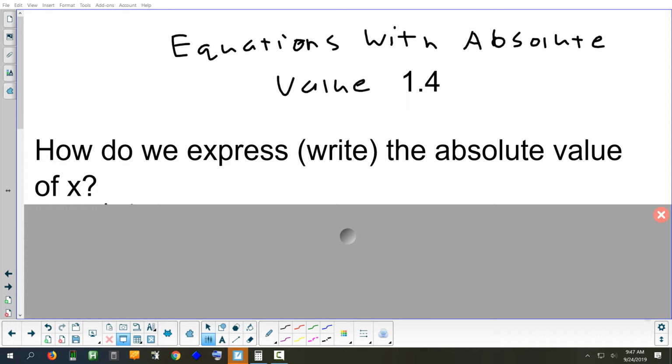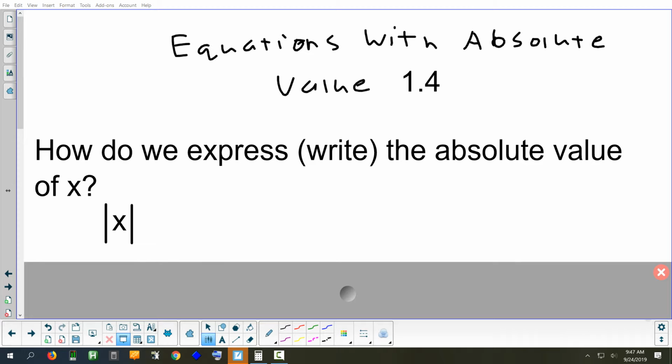Kind of looks like a bracket, but just 2 vertical lines. Okay, just like that. How many people have seen that before? So when you put bars around something, that's called absolute value. All we're going to do today is put that into an equation and solve it.